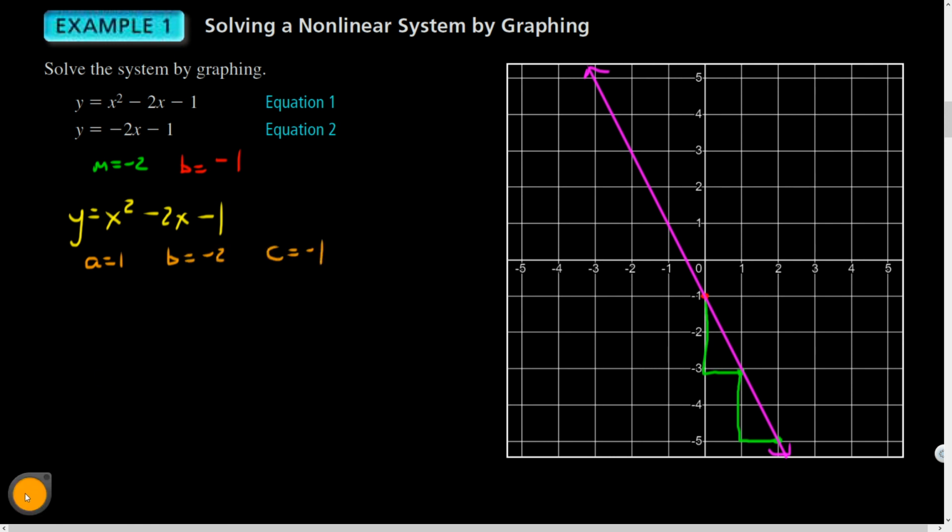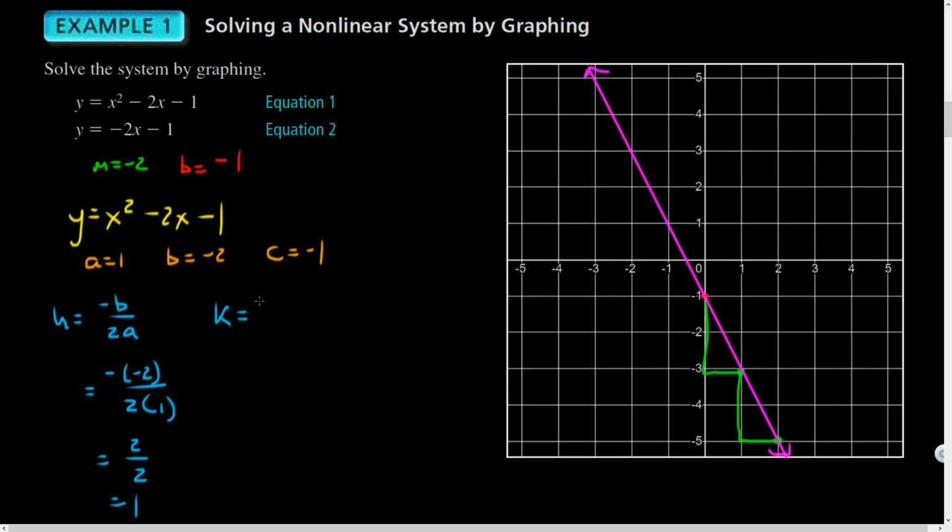As far as finding the vertex, the most important point, you might remember that you could use the little formula, -b over 2a. It's been a minute, hasn't it? Yeah, been a while. And so here we go. The opposite of -2 is 2 over +2 equals 1. And so I know that h equals 1.